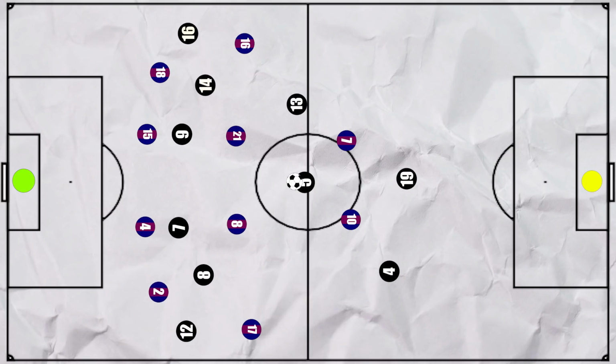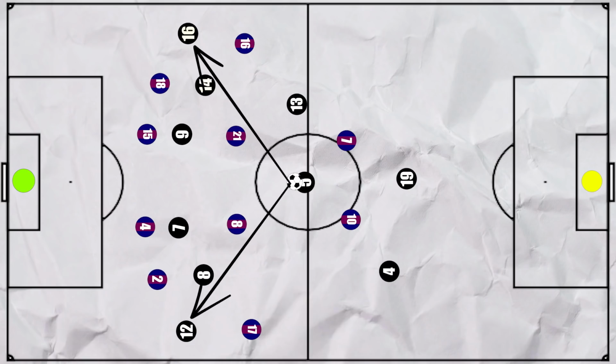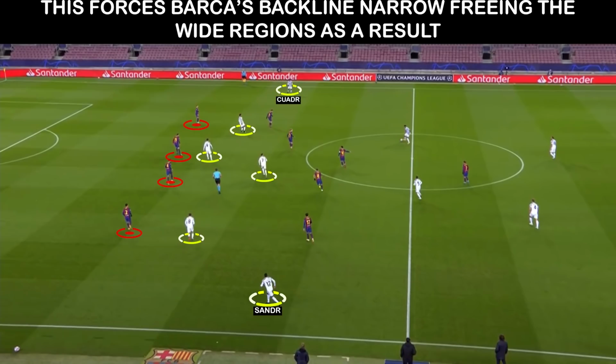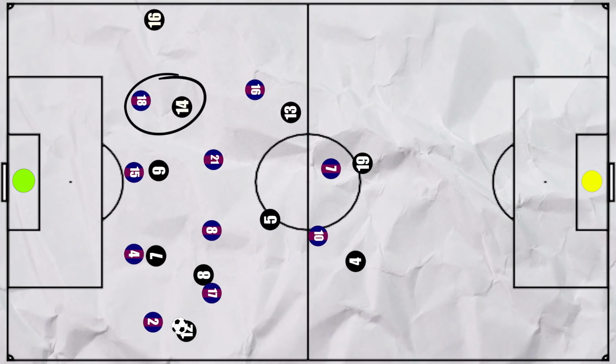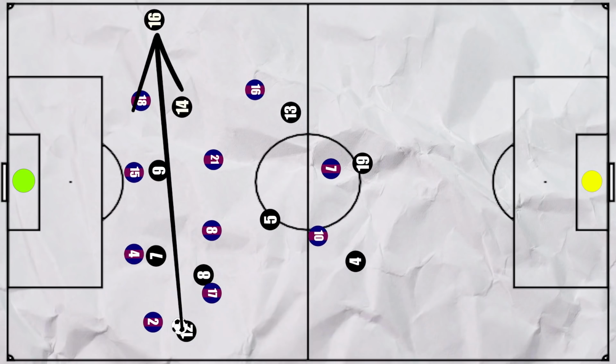Naturally, this would cause Barcelona to defend extremely narrowly, freeing potential switches across the pitch. And once the ball did go wide, with Barca's fullback having to move narrow to assist with the central overload, the switch to the far side fullback could potentially be on.